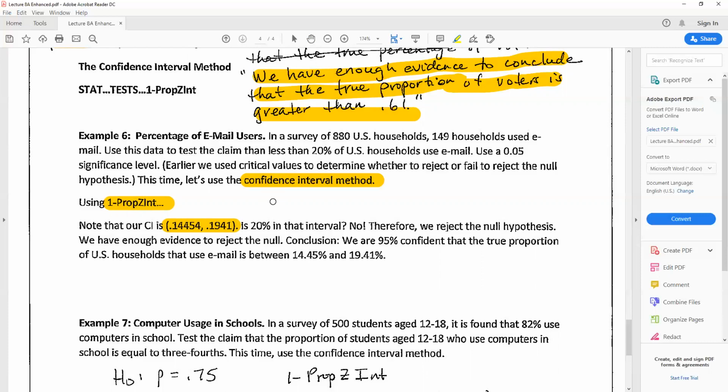So the answer is no. Therefore, we reject the null hypothesis. We have enough evidence to reject the null. Therefore, the conclusion would be we are 95% confident that the true proportion of U.S. households that use email is between 14.45% and 19.41%. So 20% appears to be too big.